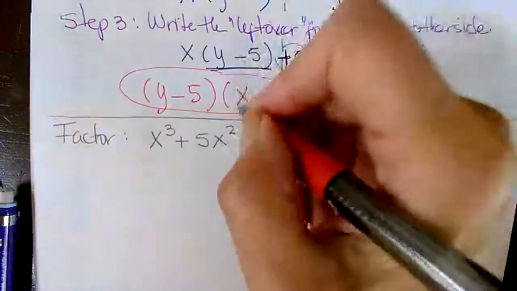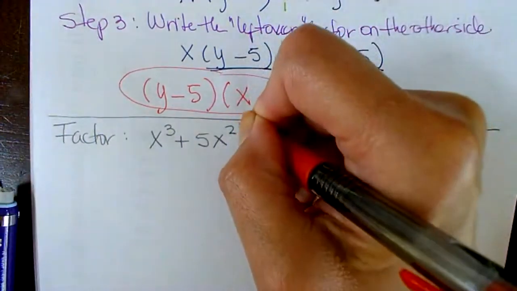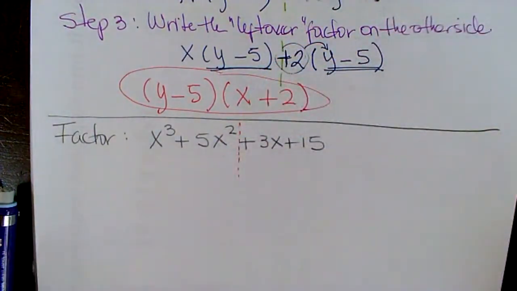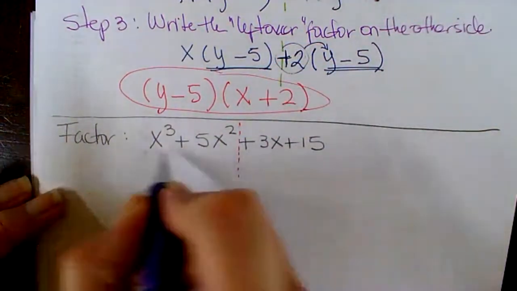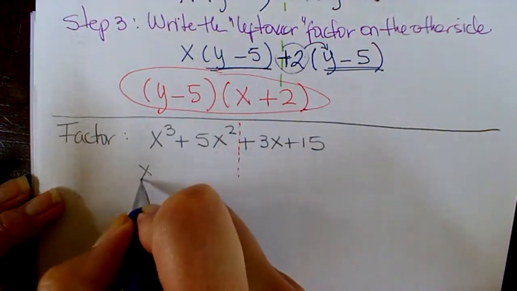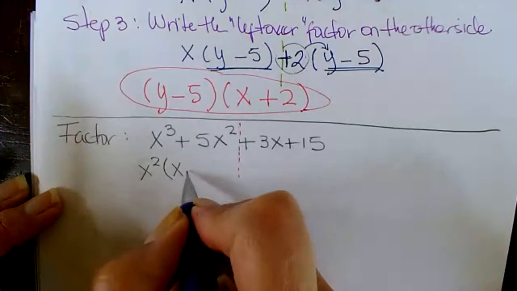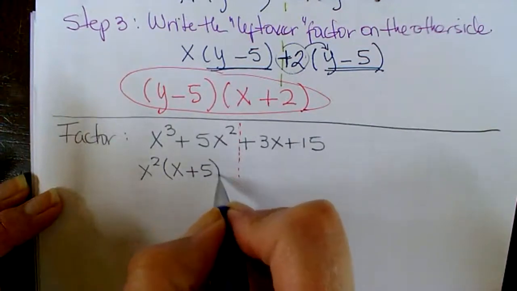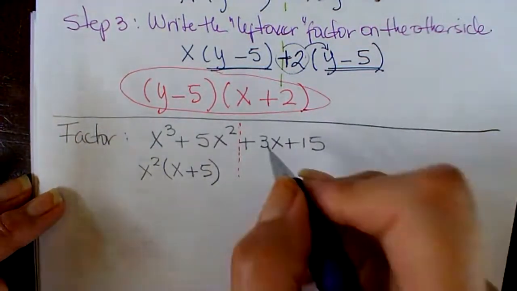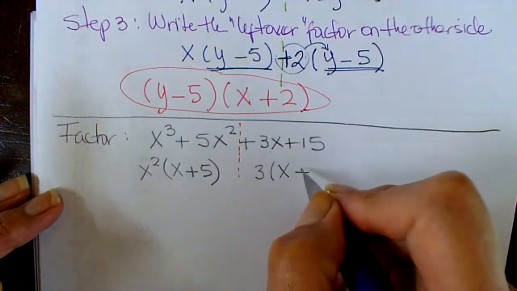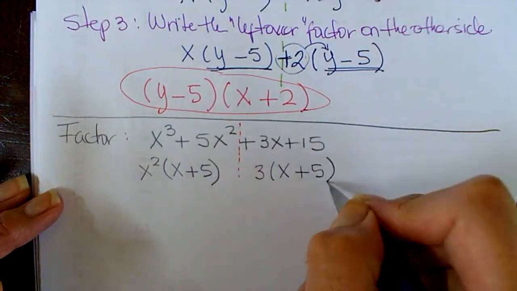Again, split into two groups. All right, I just did it. Let me find my greatest common factor. Out of this one it's going to be x squared. What do I have left? 1x plus 5. Let's find this common factor. It's going to be 3. I have left an x and a 5.